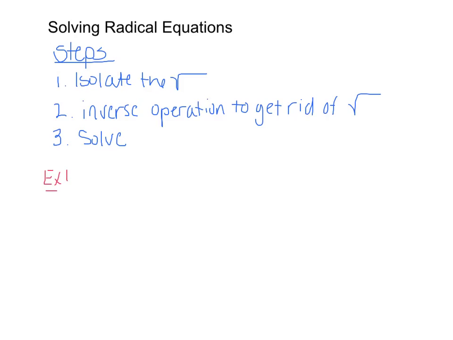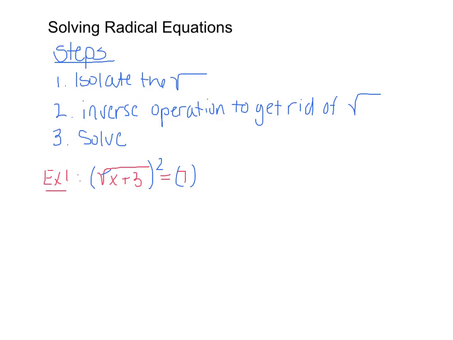I'm going to do example 1. Let's say we have the square root of x plus 3, and that's equal to 7. Okay? The first thing that you're going to do is make sure that the radical is completely by itself on one side of the equation, and it is. Then you're going to do the inverse operation. Because this is a square root, you are going to square both sides to get rid of it.